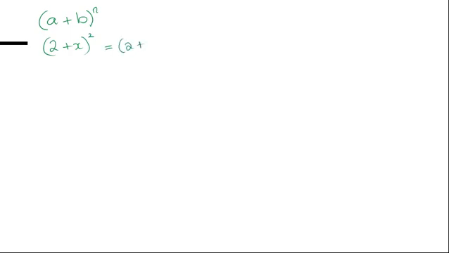We know we would write 2 plus x times 2 plus x, and then we would distribute. We can do the same thing with cube, maybe to the 4, and so on. But as n starts getting bigger and bigger, it becomes more tedious to do the expansion. So what this topic will allow us to do is to do the expansion without having to write out however many of them and distributing.